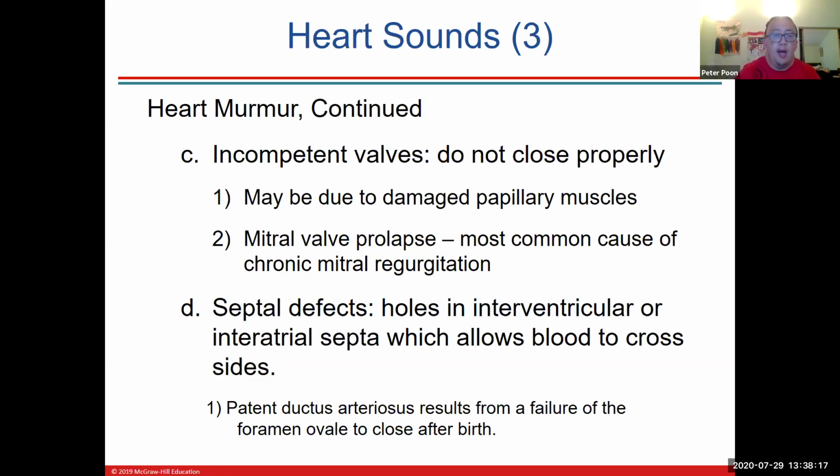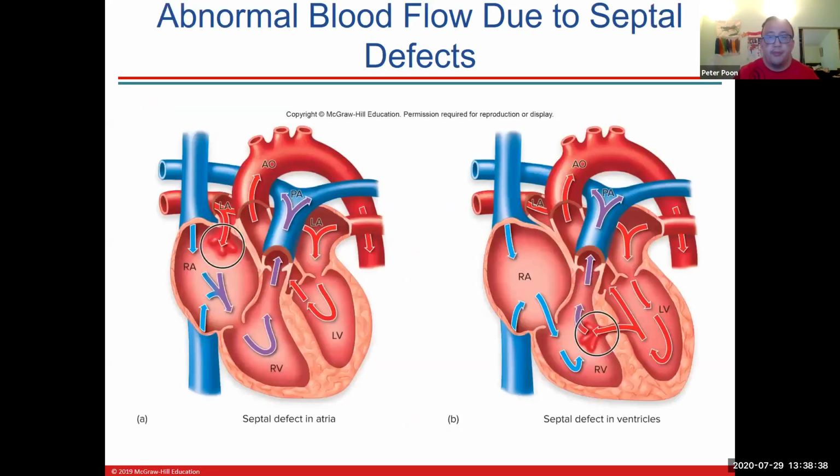Septal defects are a hole either in the interventricular septum, VSD, or in the atrial septum, ASD: ventricular septal defect or atrial septal defect. The most common one is ventricular.